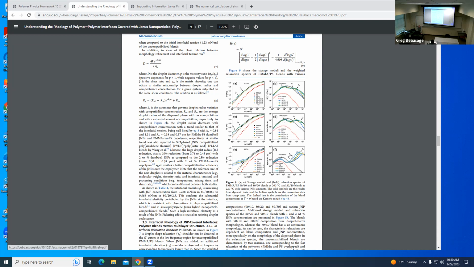And then also you can easily see when something weird happens, like when a network forms. This last one is a network formation. The idea is that if G prime follows a power law and G double prime follows the same power law, that means you have a network. If you start seeing the moduli following a power law, a straight line on a log plot, and it's not 1 and 2 as for a Newtonian fluid, then you have a network.